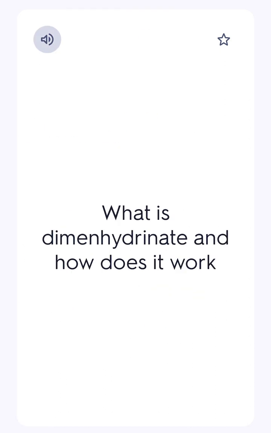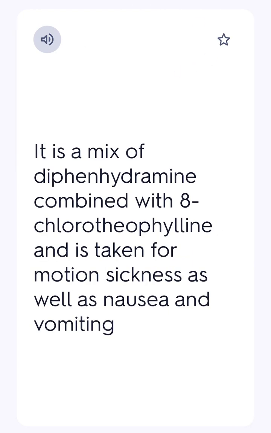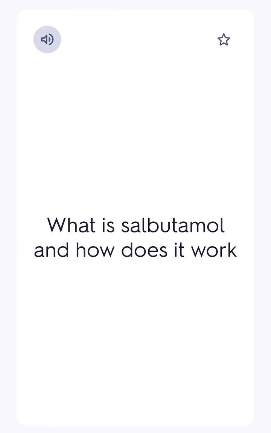What is dimenhydrinate, and how does it work? It is a mix of diphenhydramine combined with 8-chlorotheophylline and is taken for motion sickness as well as nausea and vomiting. What is salbutamol and how does it work?